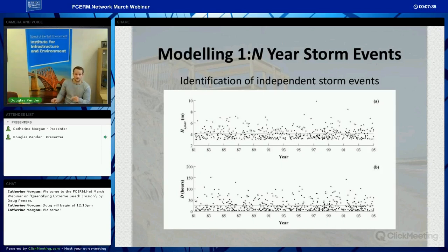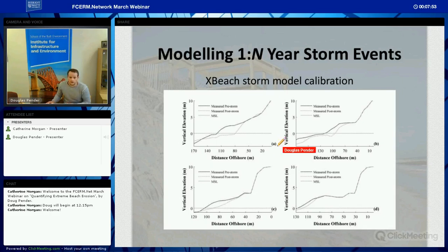That was a single independent event. So this is a time series of those events. There's approximately 22 a year at Narrabeen Beach. That's 1 every 2 weeks. That partially explains why the morphology is so variable, because you're getting a lot of these high energy events that are making these big changes to the beach.